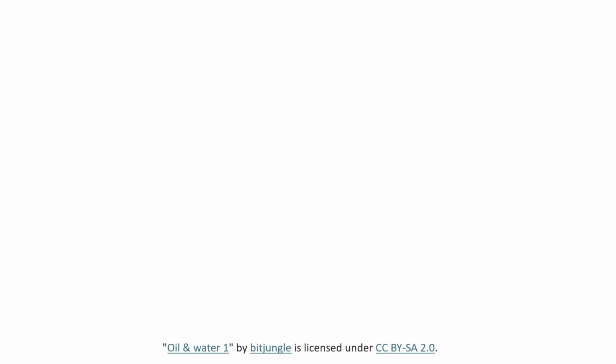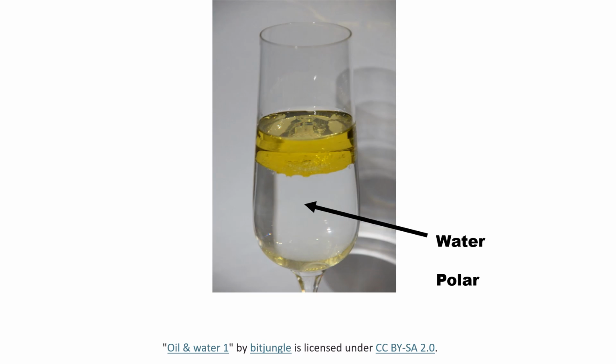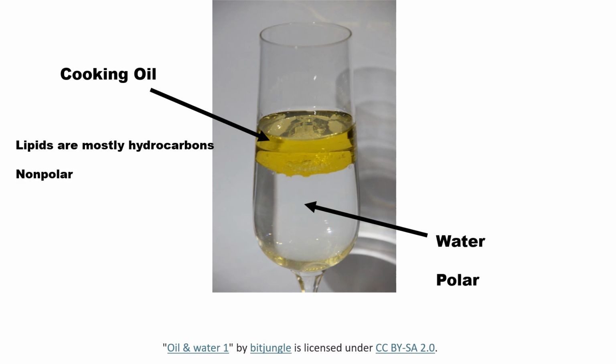A simple experiment that can be done to demonstrate this involves taking a glass and filling it with water, and then taking some cooking oil and putting the cooking oil into the glass as well. What will happen is the water and the cooking oil will completely separate from one another. This is because cooking oil is made up of fat, also known as lipids. Lipids are made up of hydrocarbons.